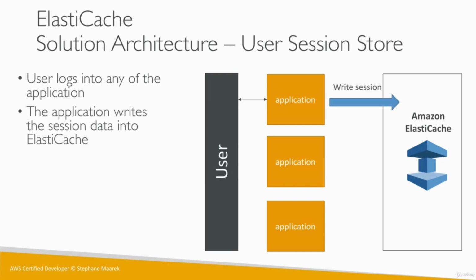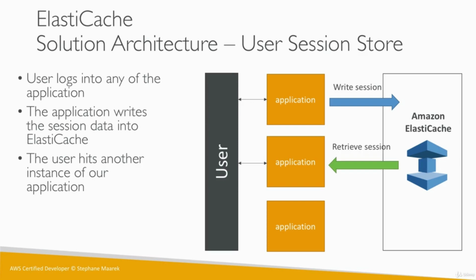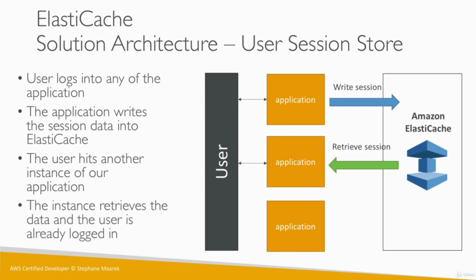So the first one just wrote the session data into ElastiCache. Now, if the user hits another instance of our application in our auto-scaling group, for example, then that application needs to know that our user is logged in. For this, it's going to retrieve the session off of Amazon ElastiCache and say, oh yes, it exists, so the user is logged in. And basically, all the instances can retrieve this data and make sure the user doesn't have to re-authenticate every time.